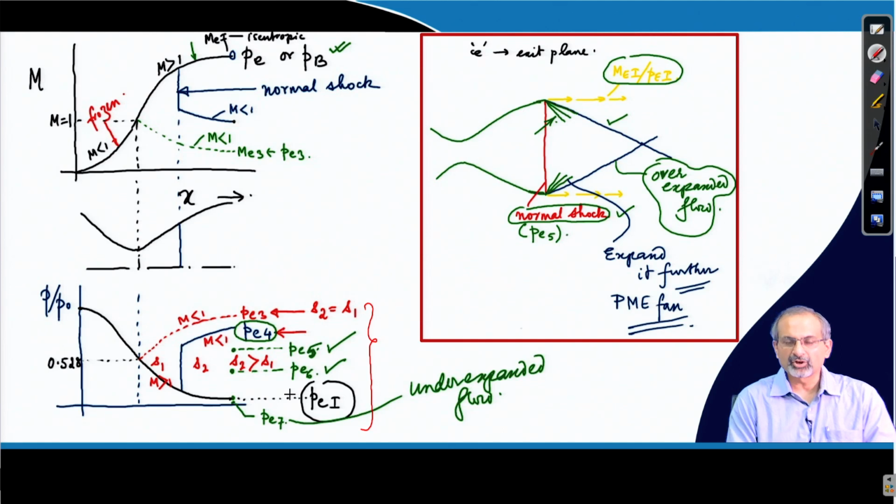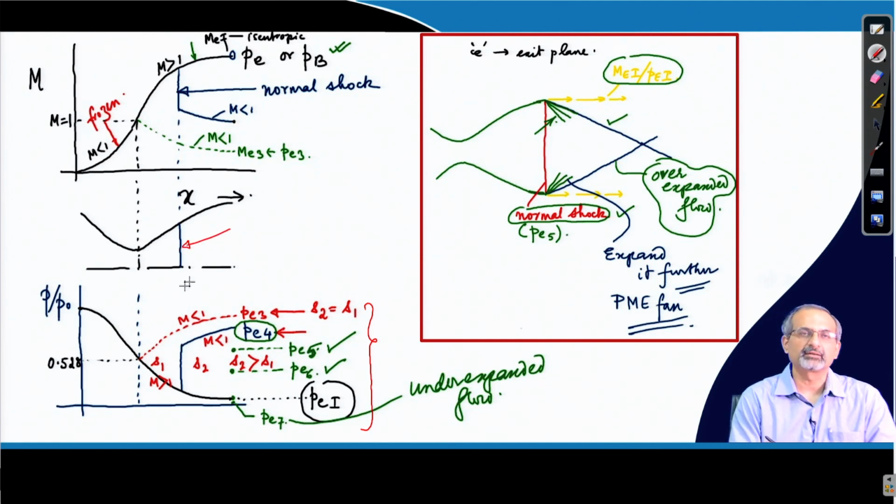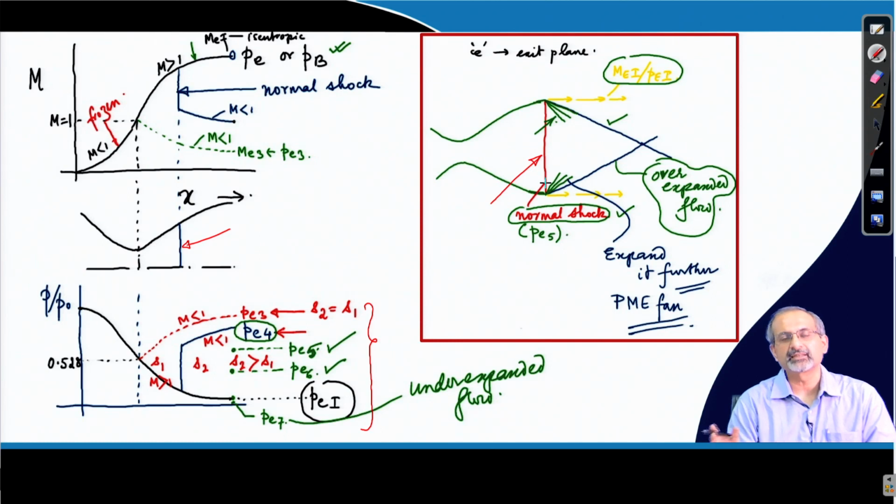We are certainly not interested in cases like this, where a shock might occur in the diverging part of the CD nozzle and thereby the flow turns subsonic downstream. This kind of situation will make the tunnel altogether useless. We might, however, look at situations where the shock is formed right at the end, not of the CD nozzle, but perhaps in some other section, maybe at the end of the test section itself.